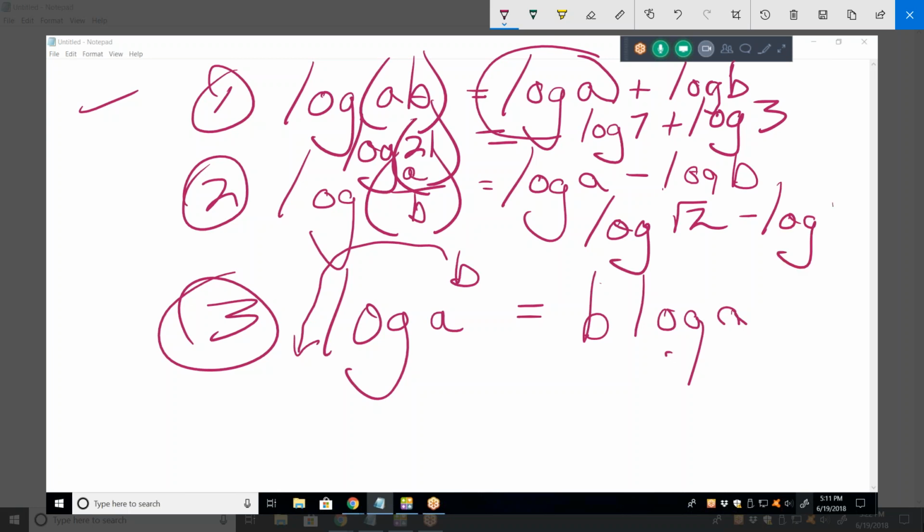Can't make it always easy. Okay, so log square root of 2 minus log. Oh, yeah, you're reading back to me what I wrote. Okay, what's the answer?